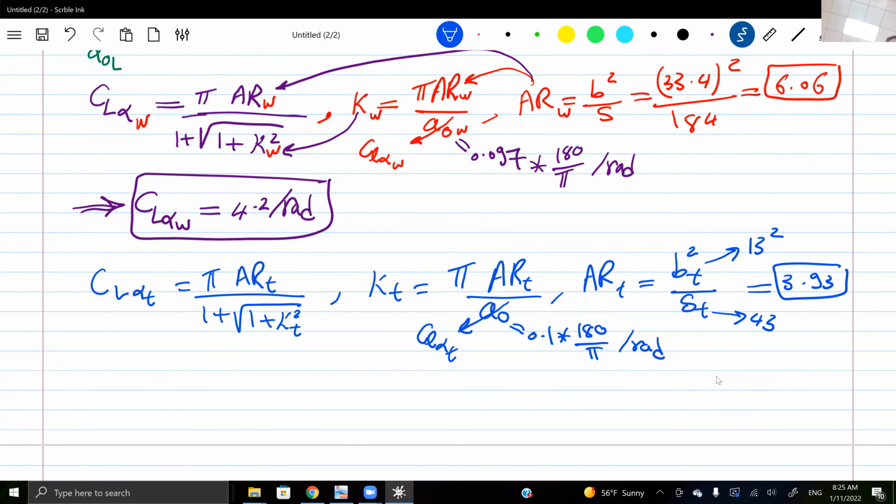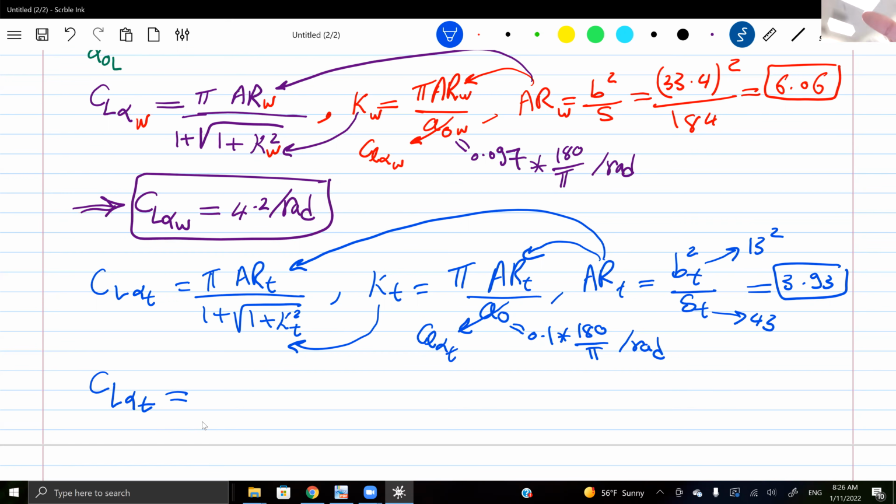I'm going to use this aspect ratio, substitute it here and there, substitute this kappa here to get the CL alpha tail naturally without any speculation, but just to check myself and make sure that I'm adhering to the physics. Whenever I have a smaller aspect ratio, do you expect a smaller or larger CL alpha? Let's think together. Don't feel shy. Smaller one. Exactly, smaller one.